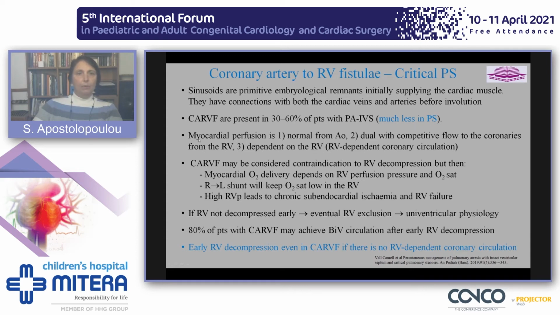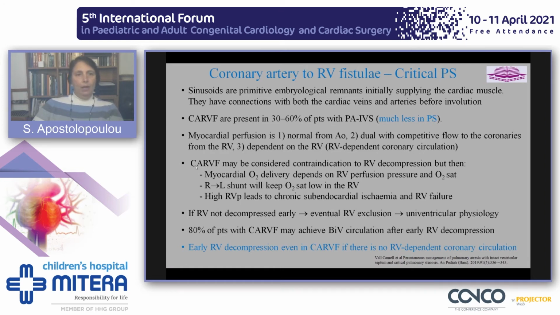And myocardial perfusion can be either normal from the aorta, or dual with competitive flow from the coronary arteries and the RV, or dependent on the RV, which we call RV-dependent coronary circulation, which is usually associated with stenosis in the true coronary arteries.